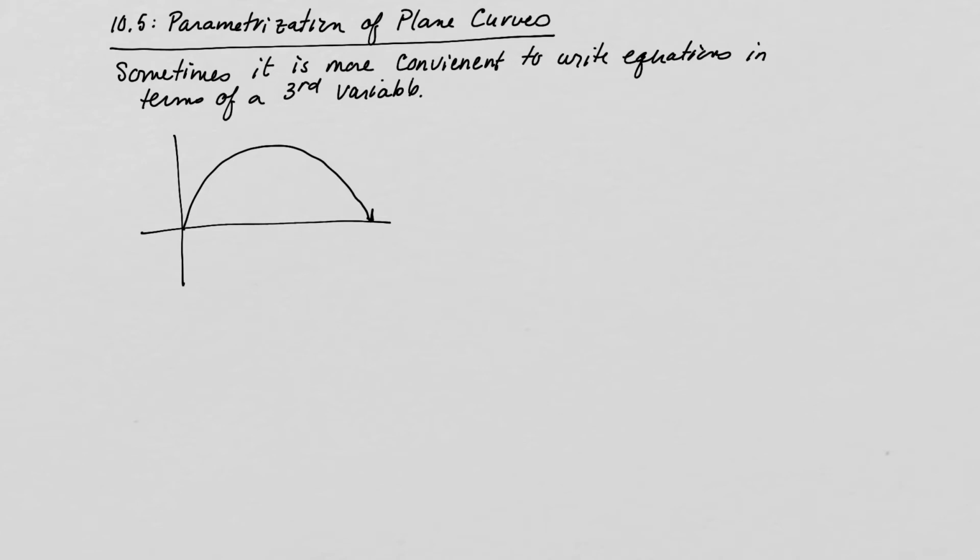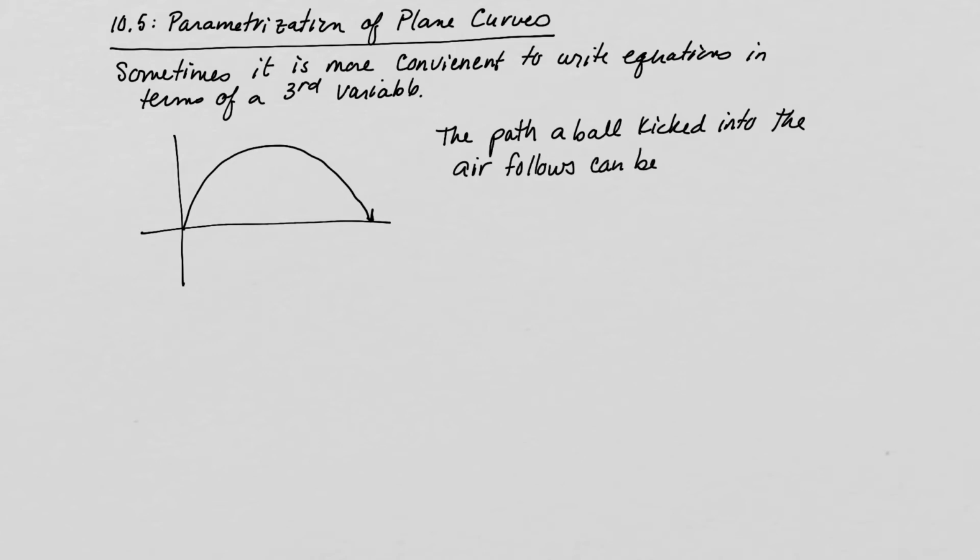And the path of the ball kicked into the air can be modeled by y equals minus x squared over 72 plus x. So I kick a ball, it happens to follow a path that looks like this.